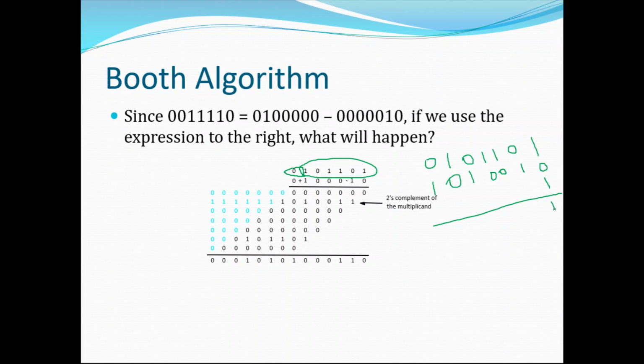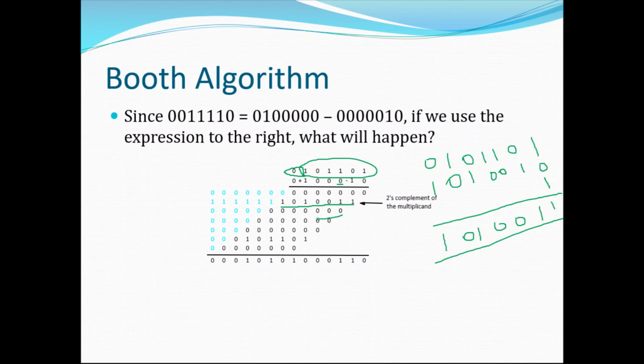So what you get is 1 0 1 0 0 1 1. You can see that is what we have written here, 1010011. This is nothing but the 2's complement of this multiplicand, right? Like that, continue.